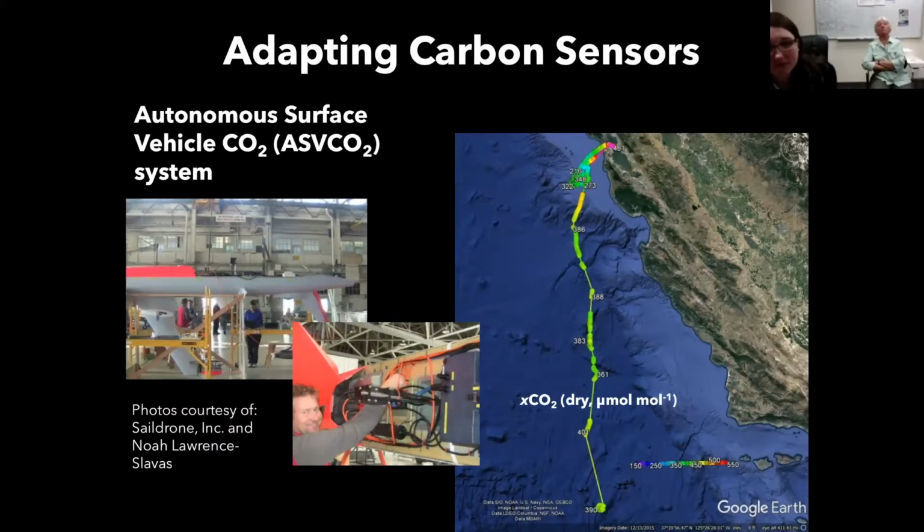And so this is the first year that we'll be testing our ability to measure carbon dioxide in the water from the sail drone. Preliminary tests look pretty good. This is a snapshot of the data that we collected outside of San Francisco Bay, where Sail Drone Inc. is located.